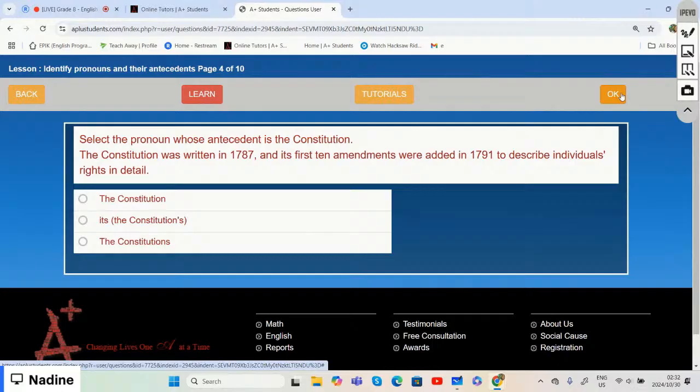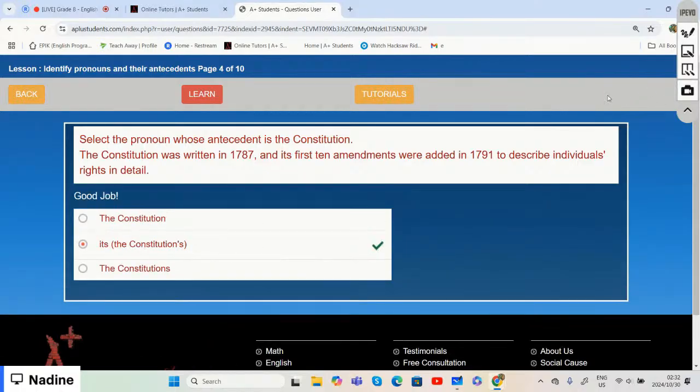And if we were to choose the correct option, then yes, option 2, which is its, refers to the Constitution.